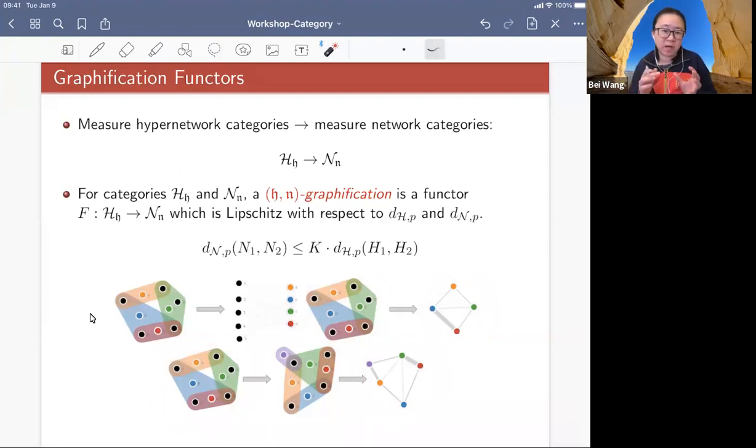This puts into a nice language the idea that whenever someone maps a hypergraph to a graph and tries to study the space of graphs, you want that mapping to be well behaved so that whatever property you derive from the graph is somewhat related to the property of the hypergraph.